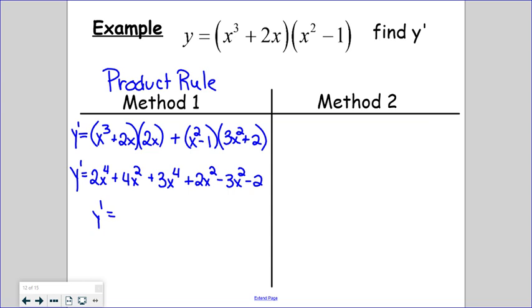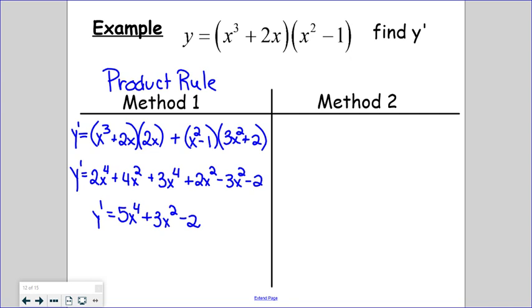All right, we have 2x to the fourth and 3x to the fourth, which would be 5x to the fourth. 4x squared plus 2x squared minus 3x squared would be 3x squared minus 2. Done.